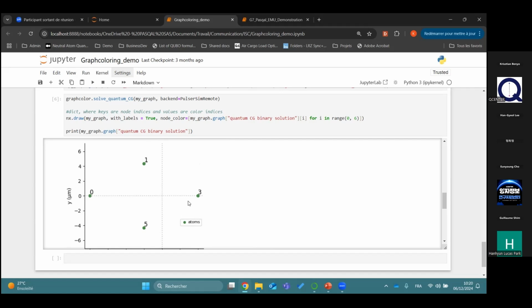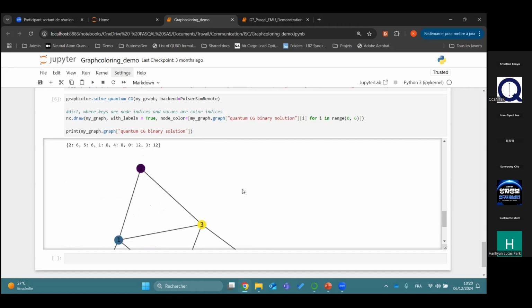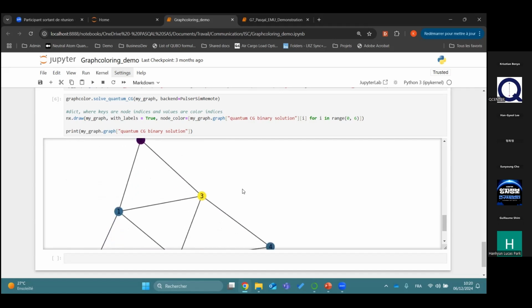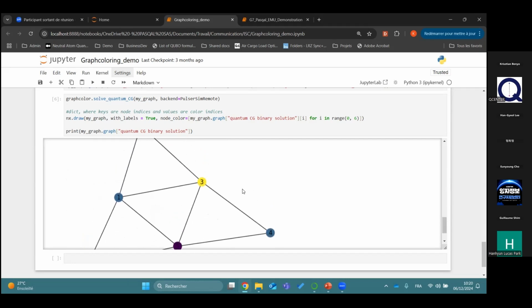And I'm solving once again the independent set selection to find a new good coloring for it. And with that, in just 2 iterations, I am able to select the right coloring for this graph.